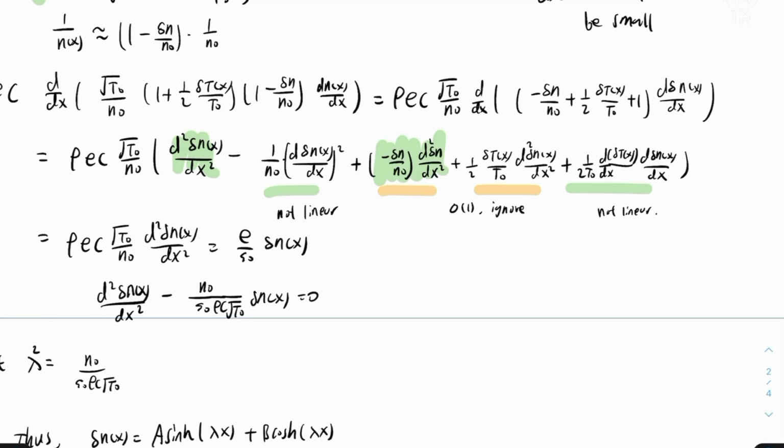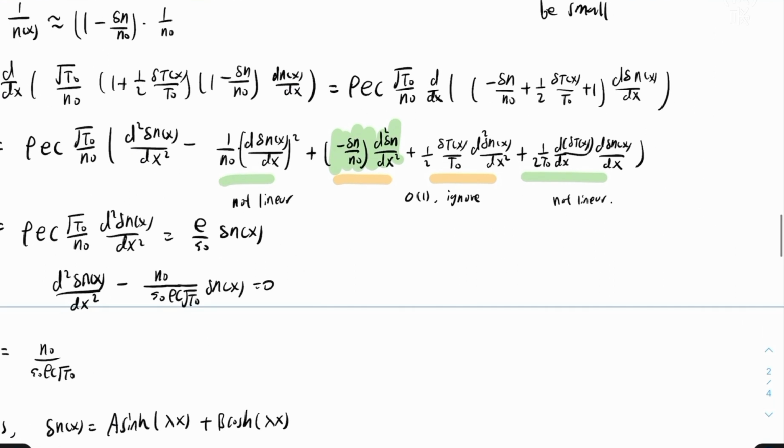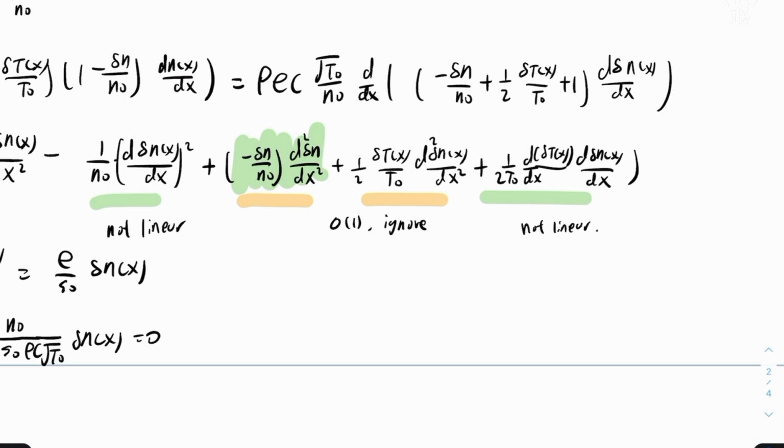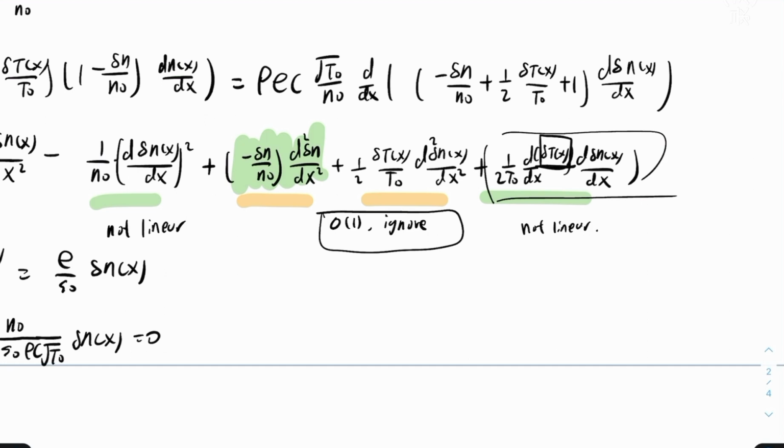Because there's delta n over here, and we set delta n as small, right? Let's move on to the next term. How about the next term? You can see that this term is also very, very small, so we can ignore this term. And how about this one? This one is not linear because of this term and times this term.